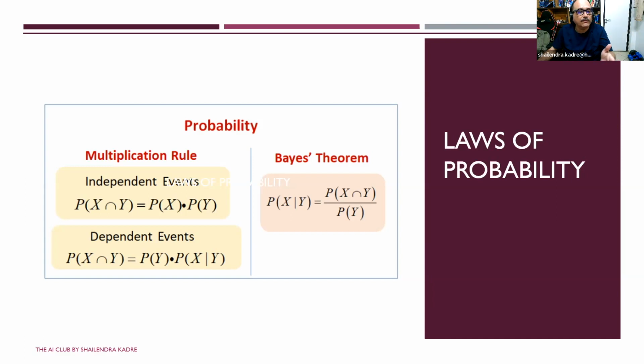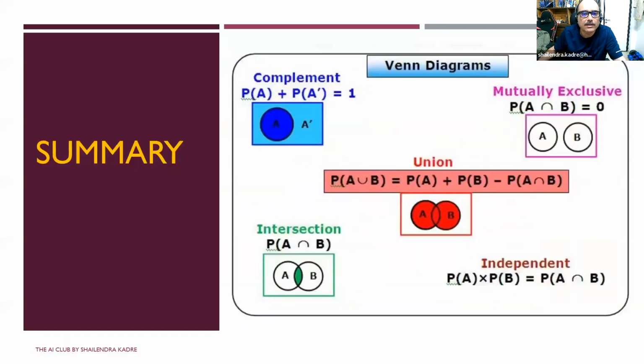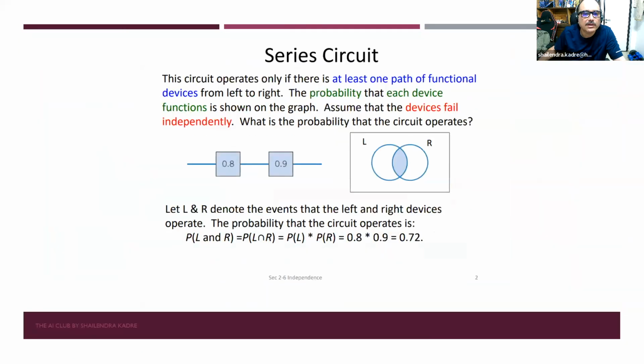But if she doesn't come, we'll not go. So going to the movie is dependent on my girlfriend arriving on time. Here X will occur only if Y occurs. So in such a case, P of X intersection Y is equal to PY into P of X given Y. We have done one example on this. You have not noticed properly, so I'll show you that example once again.